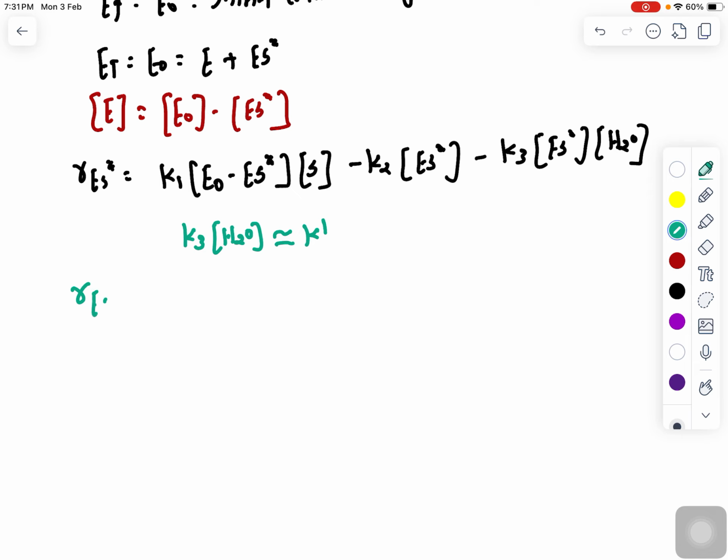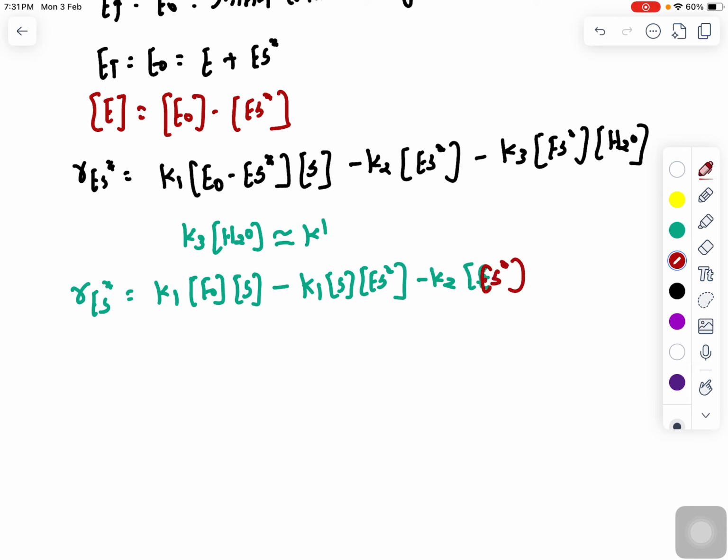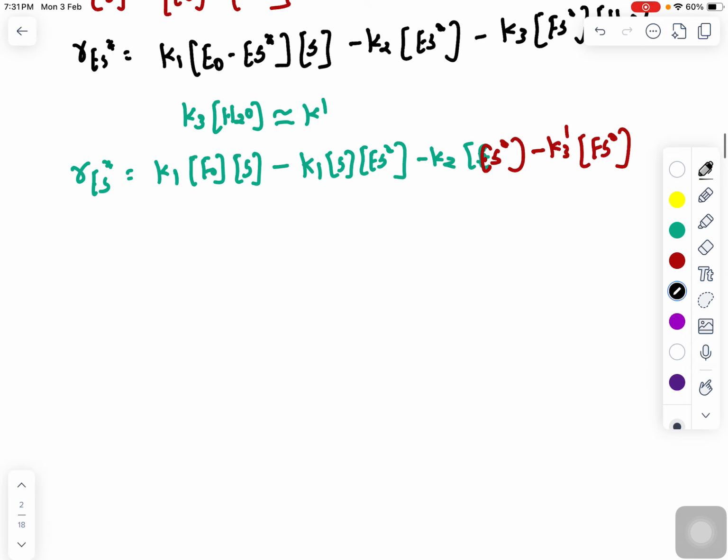And then I can write R ES star equals k1 concentration of E naught and concentration of S minus k1 concentration of S into concentration of ES star minus k2 concentration of ES star minus k3 dash and concentration of ES star. Is that clear?